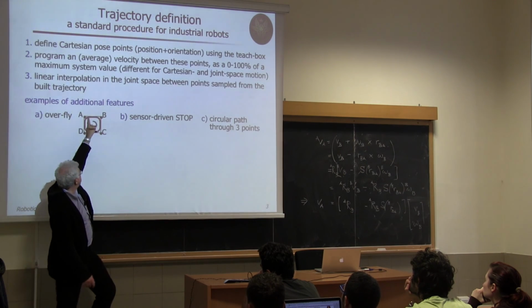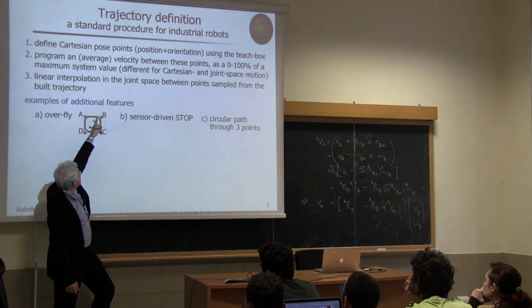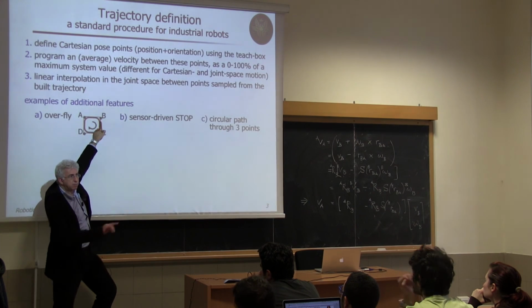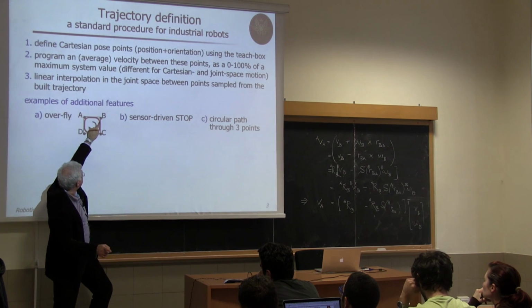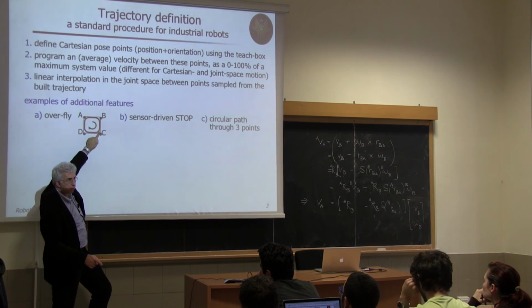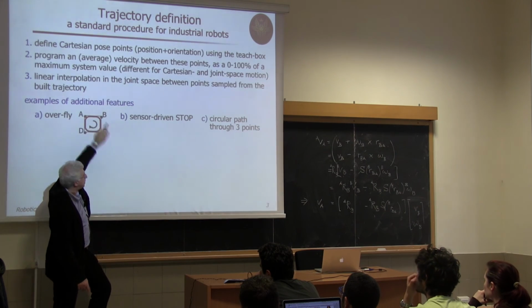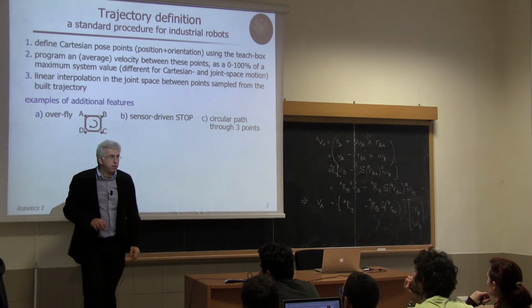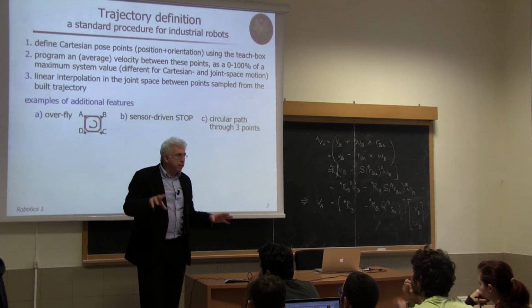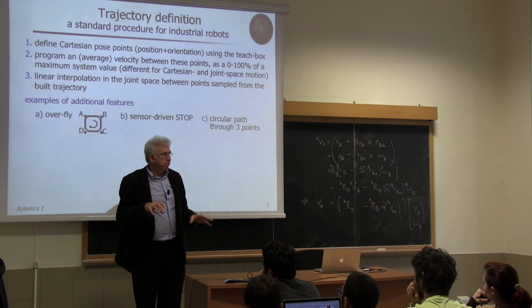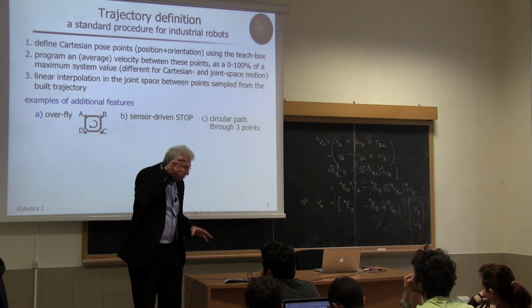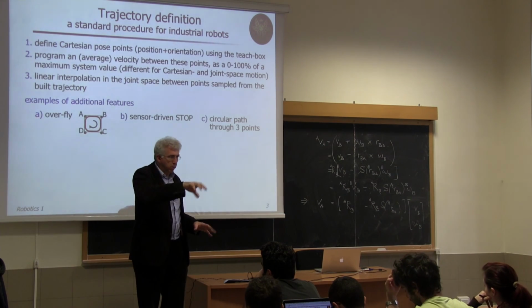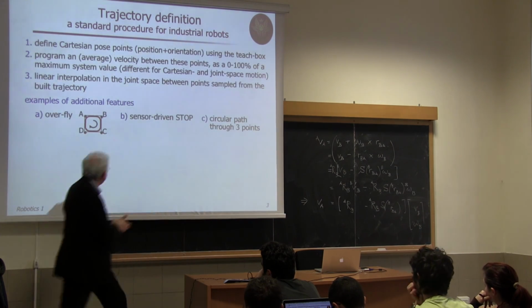So while moving at constant speed along this path, when I'm entering a final region around the final point, I start to process the next instruction so that it overflies the point without stopping and goes to the next. Of course, I'm doing this if I program this intermediate point, B or C, just to avoid some dangerous obstacle. If I want to really go to B, I have to go there and stop. So this is an option that I can choose.